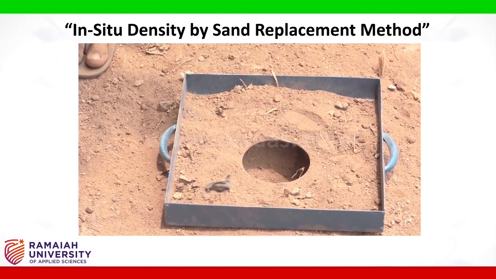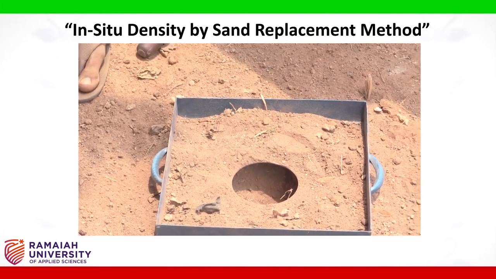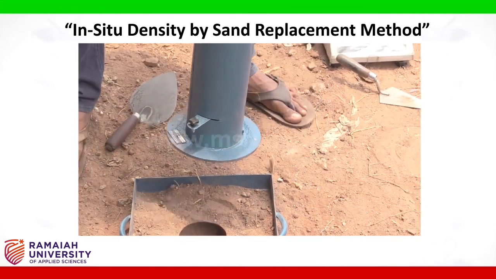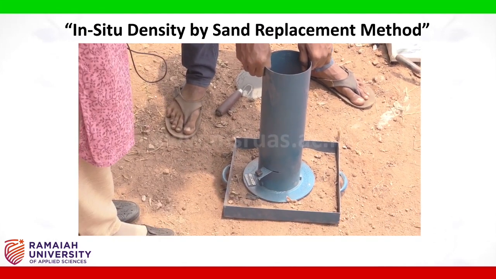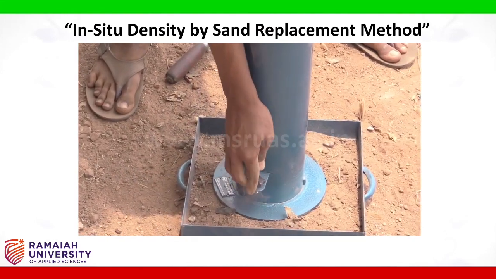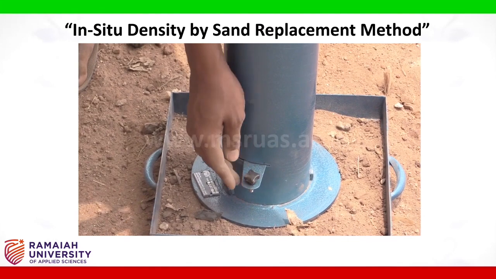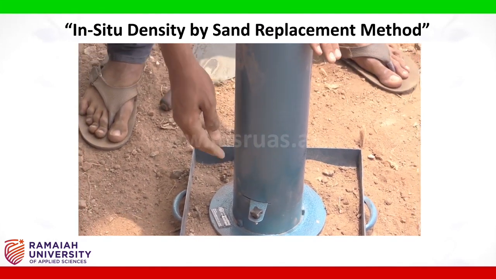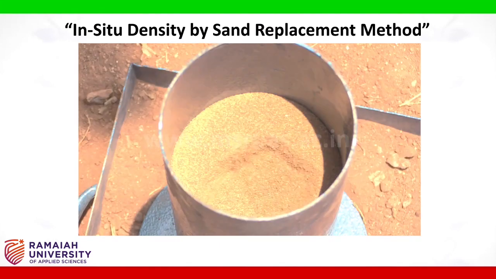After digging the hole up to a depth of about 15 centimeter, place the sand pouring cylinder on the top of the hole. Open the valve and allow the sand to fall into the hole.